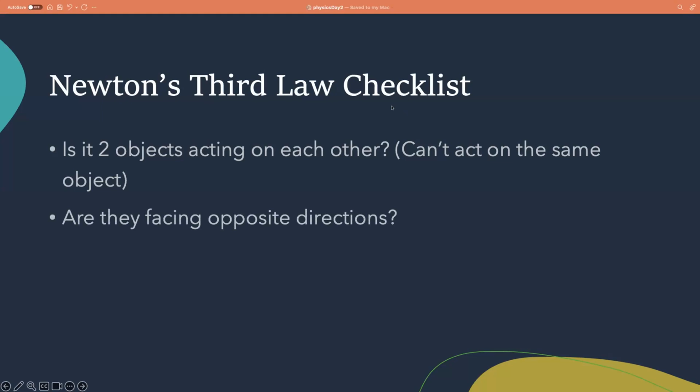You have to make sure they're facing opposite directions, which can be a little difficult to truly make sure of in the case of weird collisions where you hit something at an angle. But with normal force, for example, the force will always be at the spot where the objects are touching, and they will be pushing into the other object, in opposite directions.